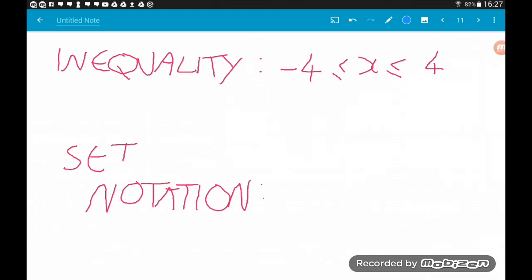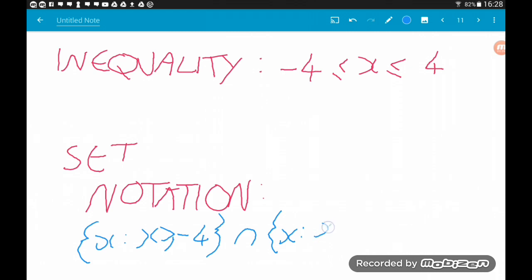In set notation, this is x is such that x is greater than or equal to -4, and so intersection, look at that bracket, like I said, and x is such that x is less than or equal to +4. Good times.